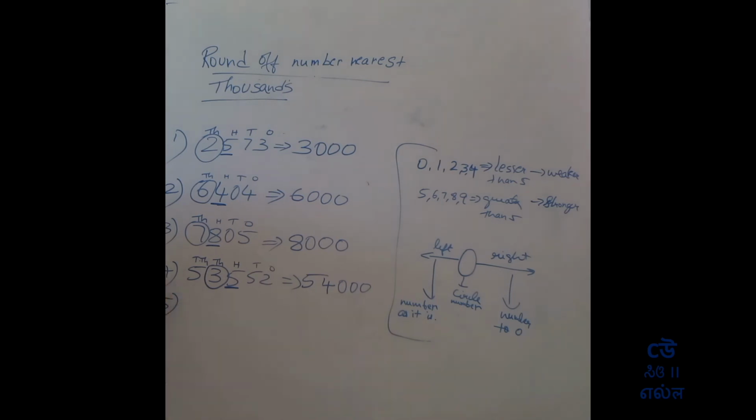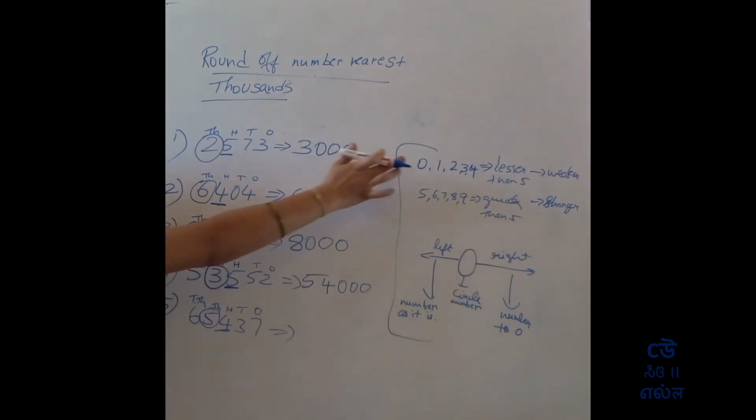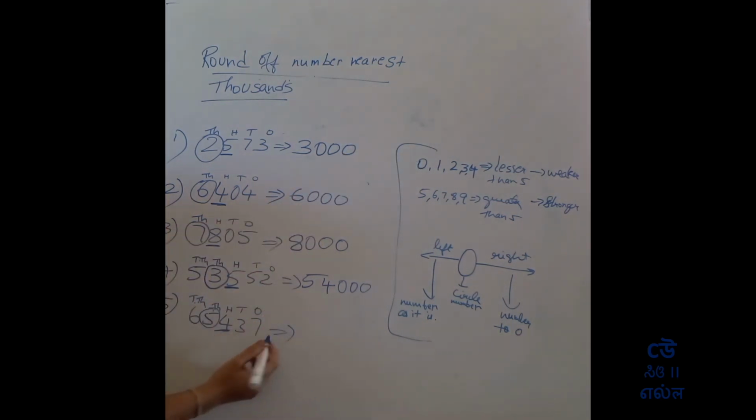Next, fifth problem, 65437. Now you write the place values: ones, tens, hundreds, thousands and 10,000. Consider the thousands place number and next the right side, that is 4 we have. 4 is a weaker number, that is less than 5.